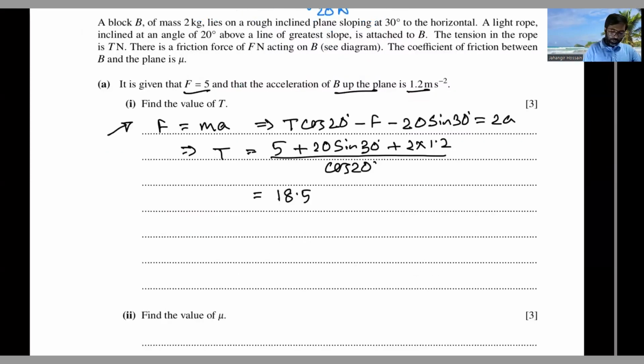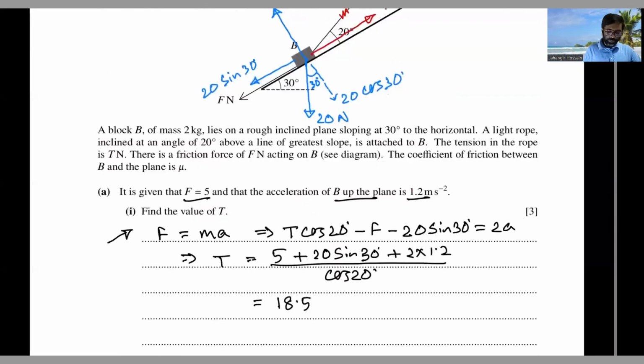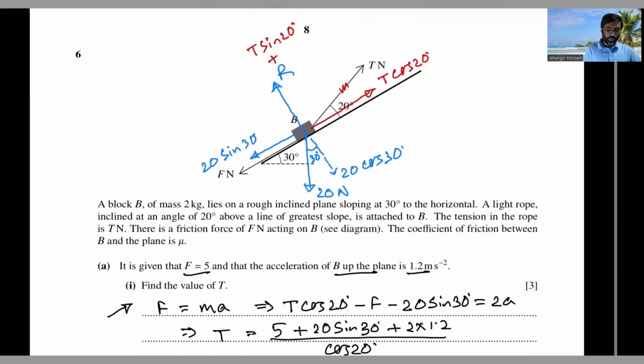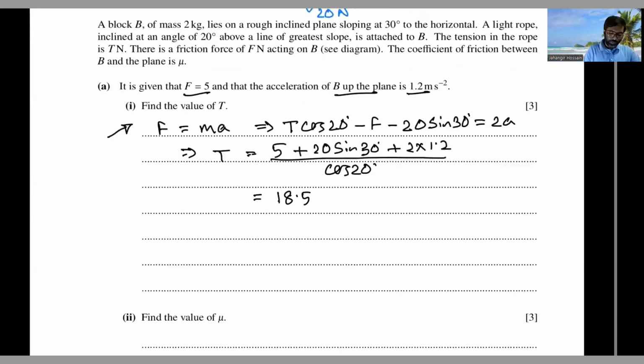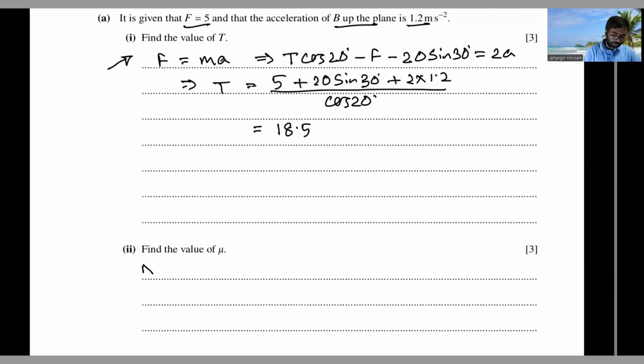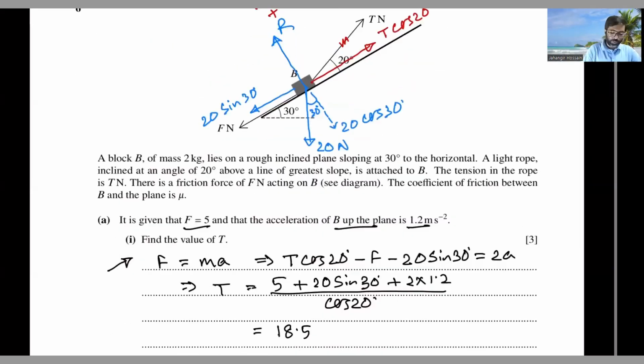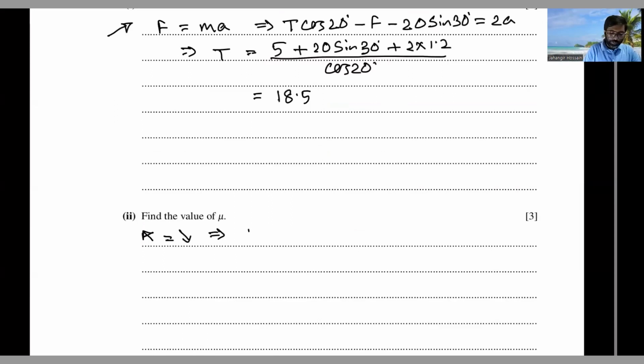Okay, now in part B, you have to find the value of mu. We know the friction. Now we need to know the value of R to find mu. So if we resolve normal to the plane, then we have upward R plus T sin 20 equal to normal to the plane downward, which is 20 cos 30.